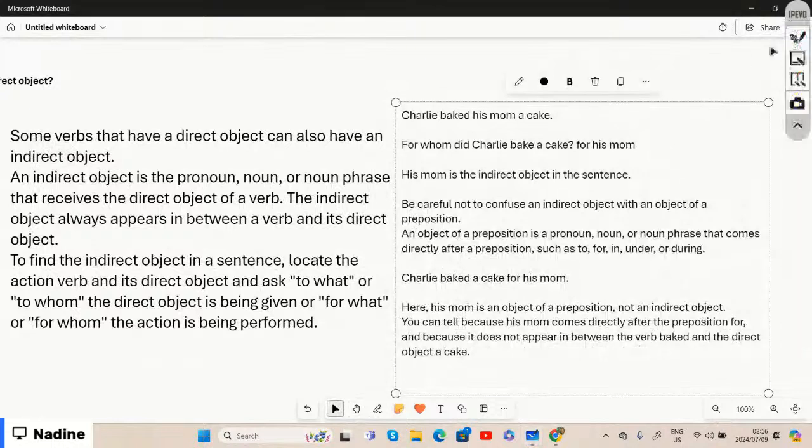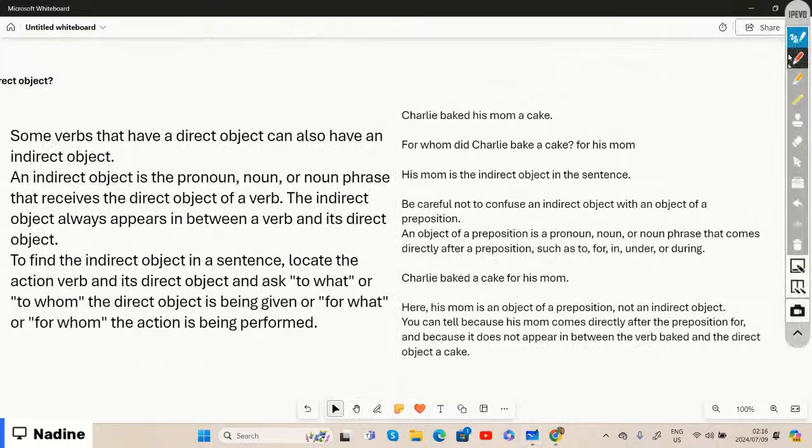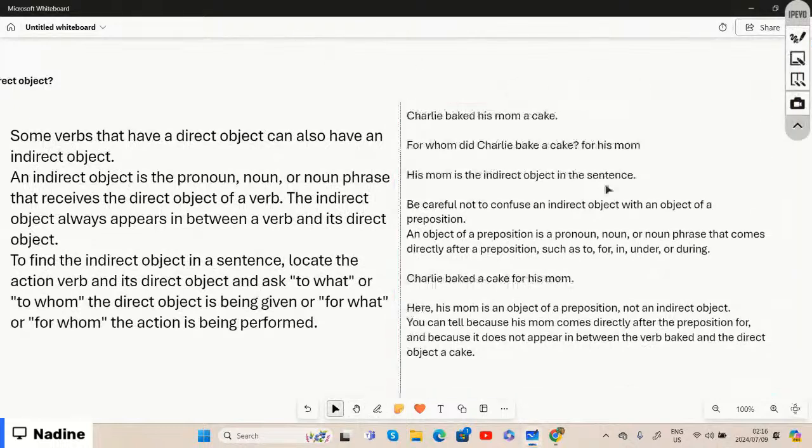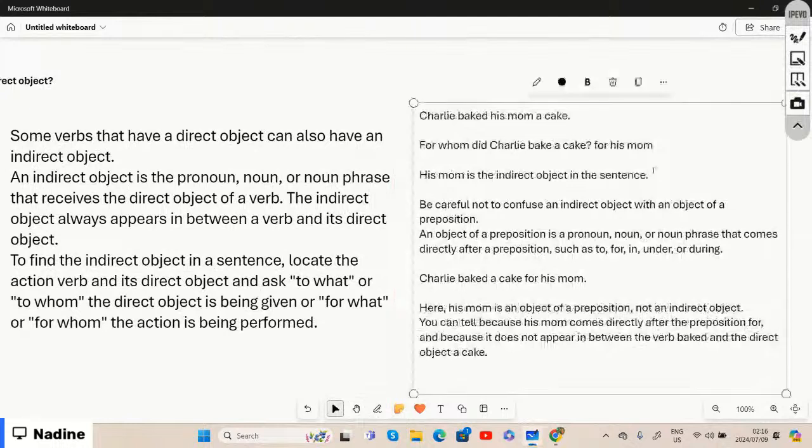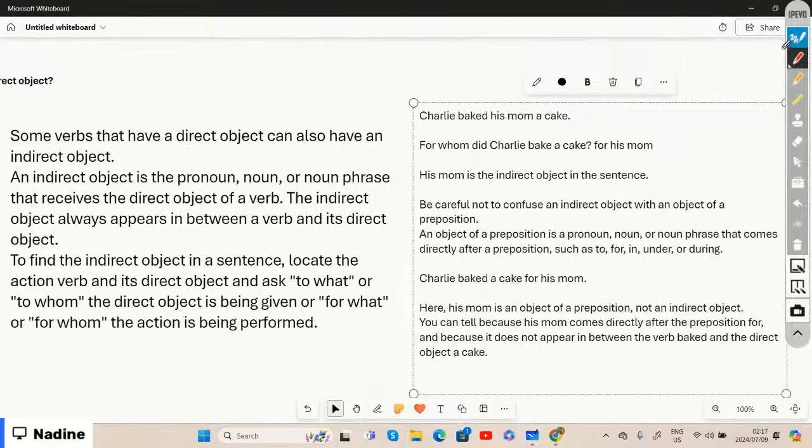If we look at examples of indirect objects, it says Charlie baked his mom a cake. So Charlie baked his mom a cake.